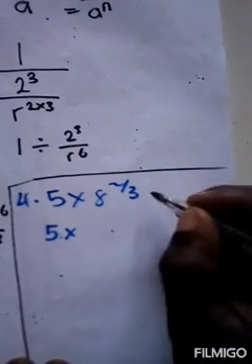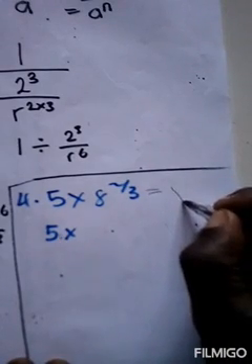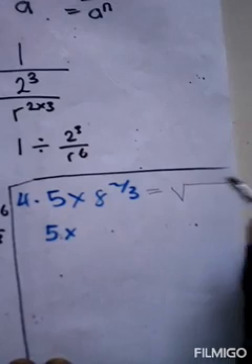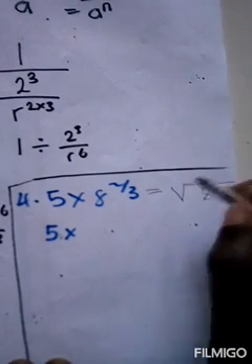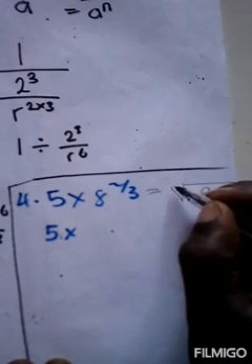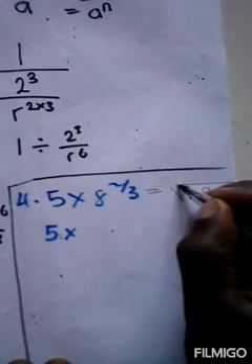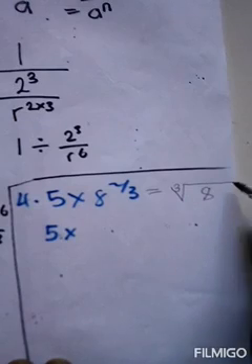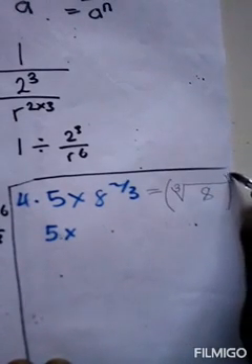So this whole expression can be written with a root sign because it's a fraction power, and then you have your base here, which is 8, and then here we put n, and our n in this case is the denominator, which is 3, and what you put outside the bracket is m. Our m is 2.